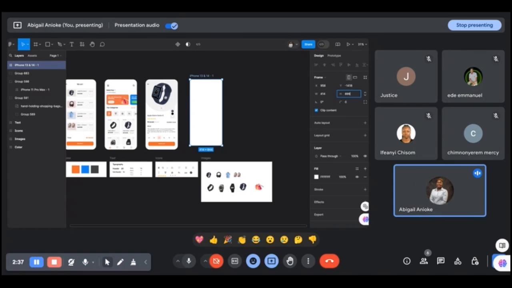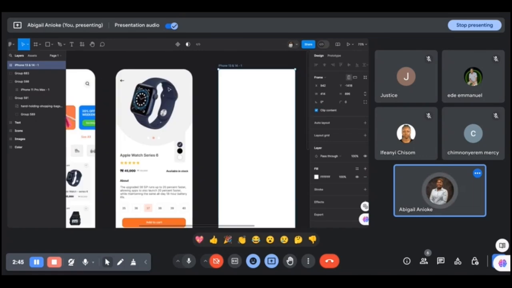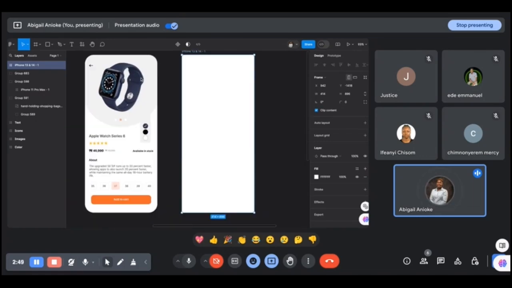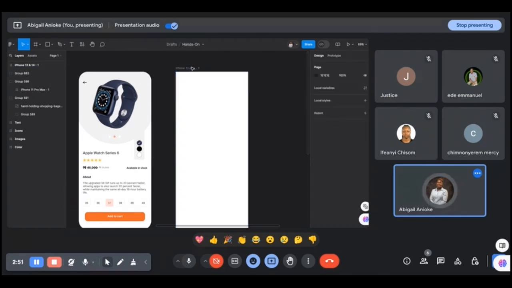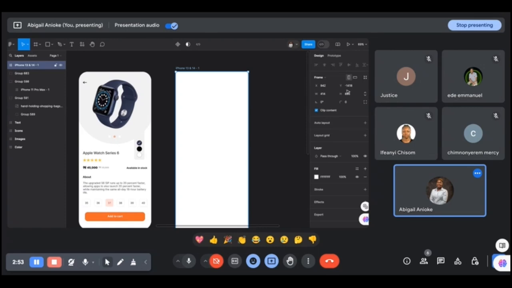So if you want to give this curved edge that makes it look like the phone, you can do that from here. You see this corner here, and we can make this corner radius 25. But first things first, because we are still building, I'm going to leave that, and when we are done, we can do that.